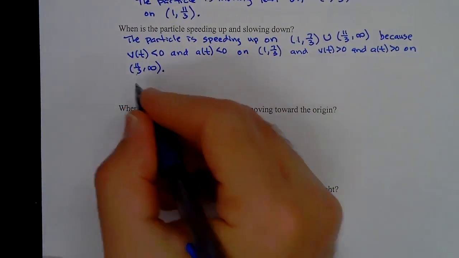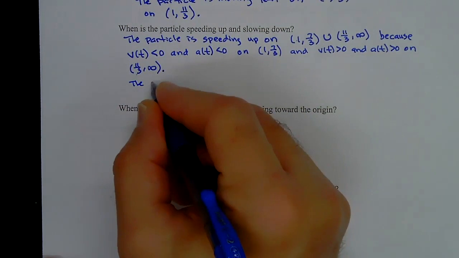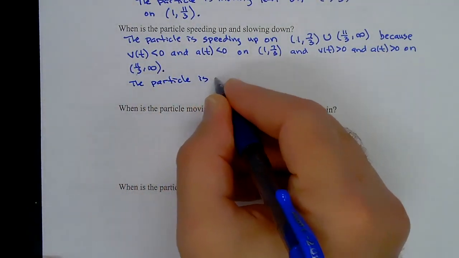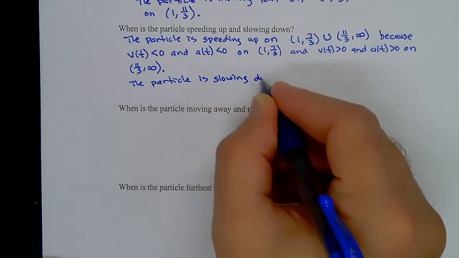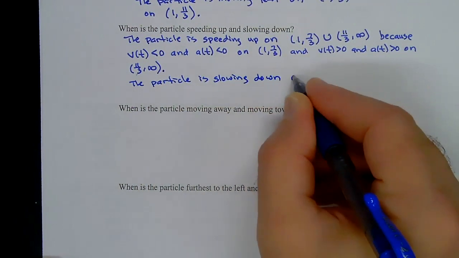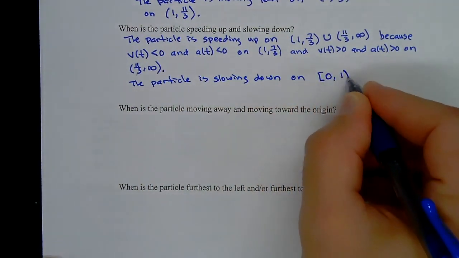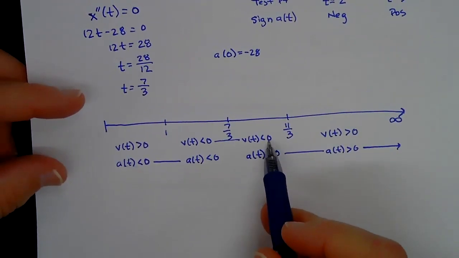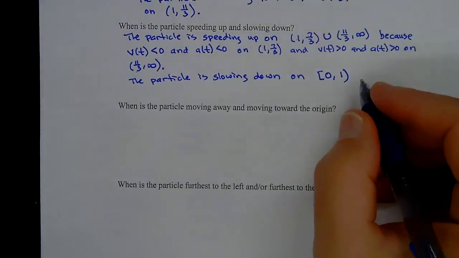So the particle, I'm going to write it that way for this next one, okay? So the particle is slowing down on 0 to 1, but not including 1. All right. And also 7/3 to 11/3 because they're opposite signs there too. Okay.